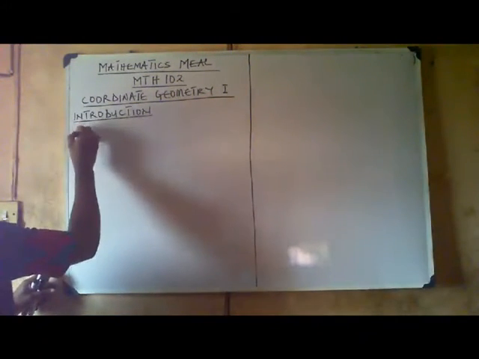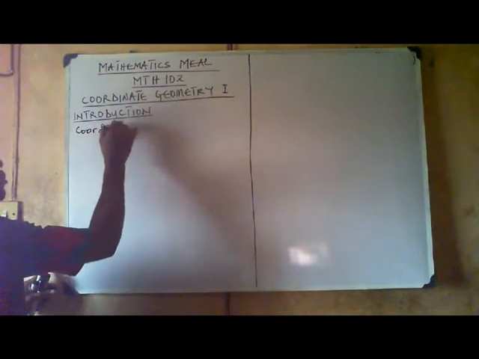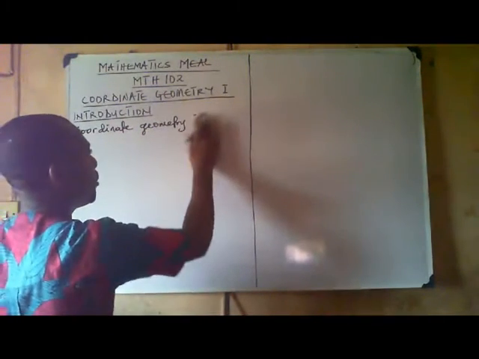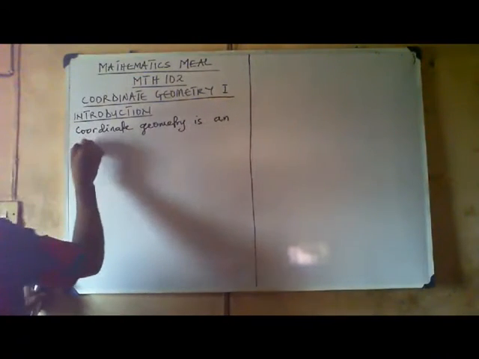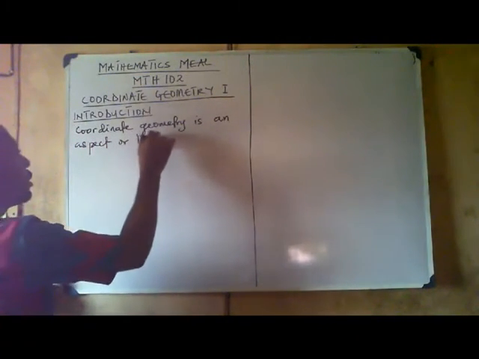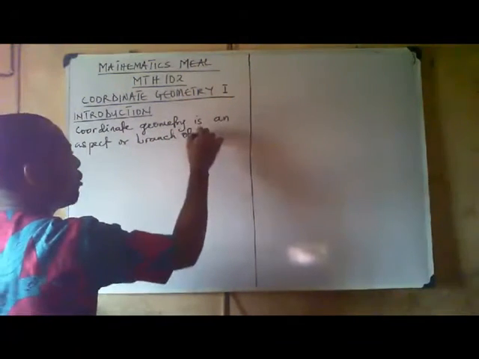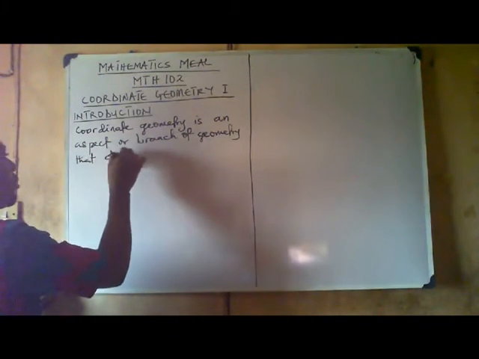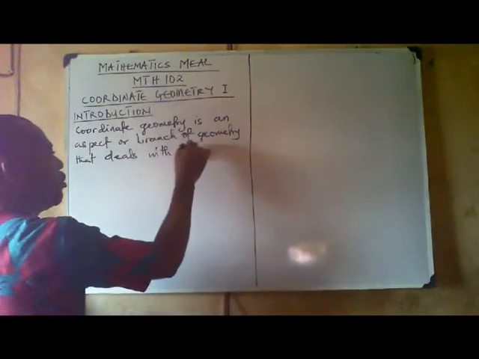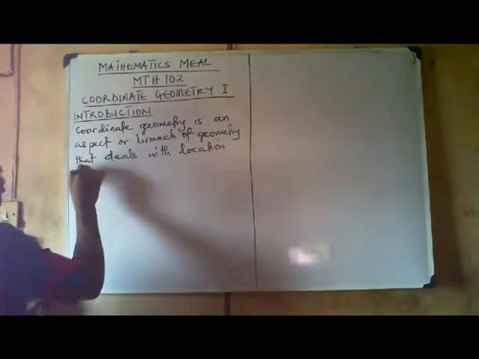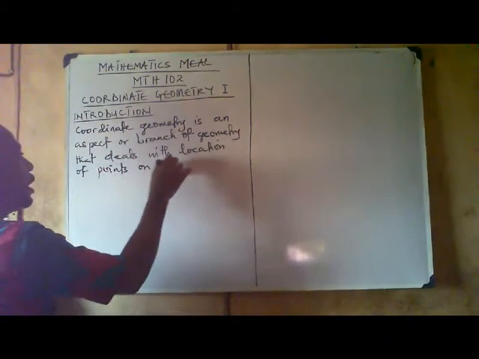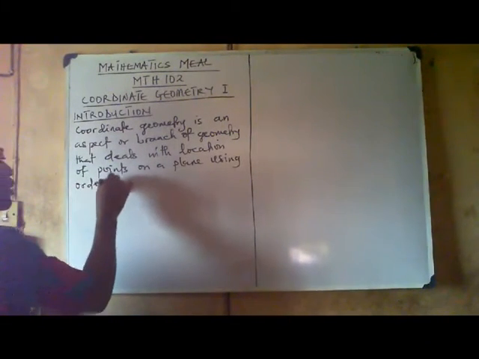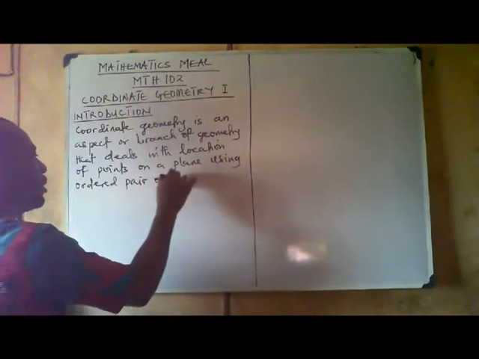So what do we mean by coordinate geometry? We say that coordinate geometry is an aspect or branch of mathematics, of geometry itself, that deals with location of points on a plane using ordered pair of numbers.